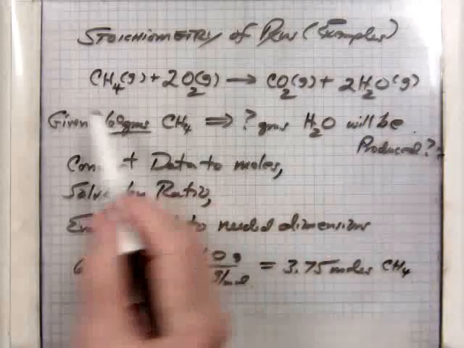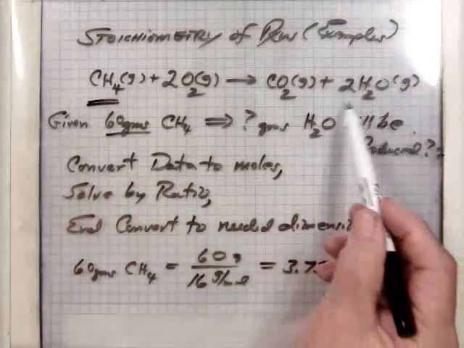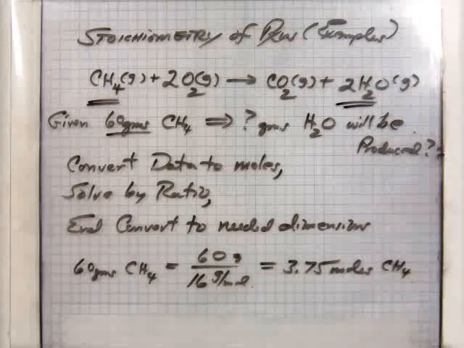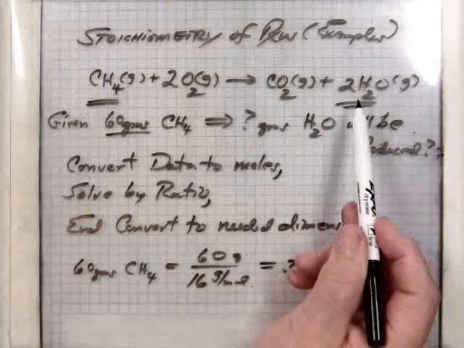Well, when we compare the moles in the standard equation to the moles yield of water, we find it's a 1-to-2 ratio. For every 1 mole of methane, we get 2 moles of water.